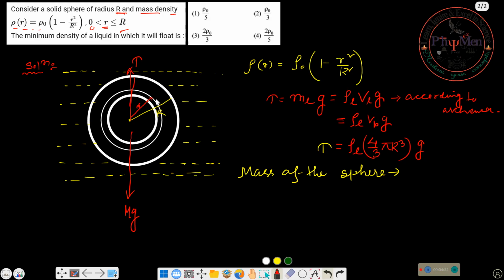And this thickness is dr. So this is our elemental sphere at a distance r from the center of the sphere.